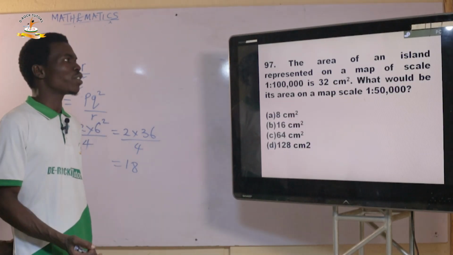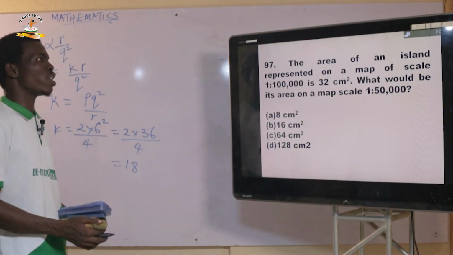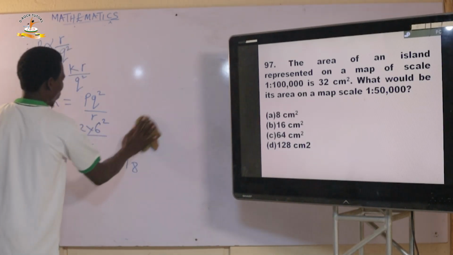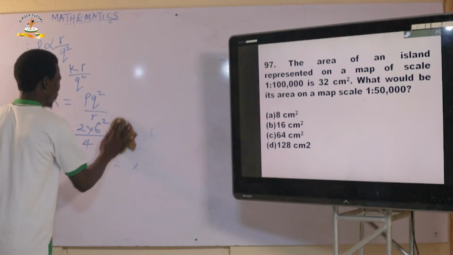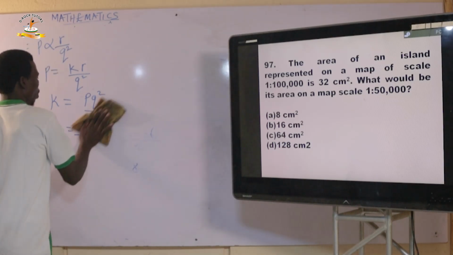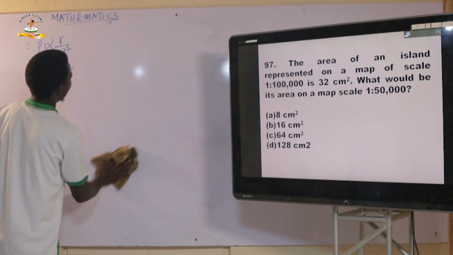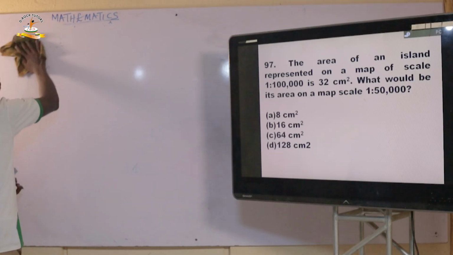Alright, question 97. The area of an island represented on the map of scale 1 to 100,000. So this is a scale enlargement or reducing of scale, and it's pretty much a simple problem.